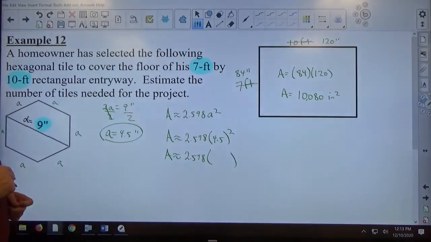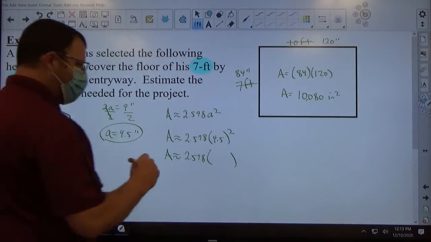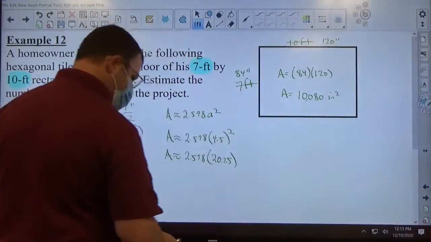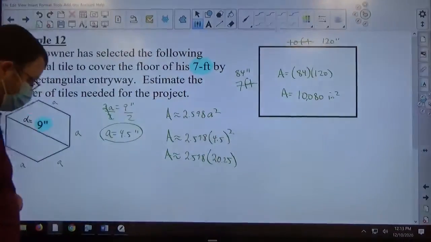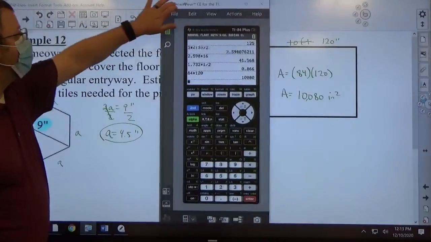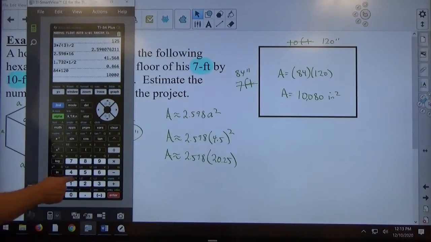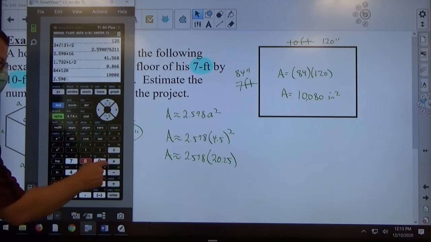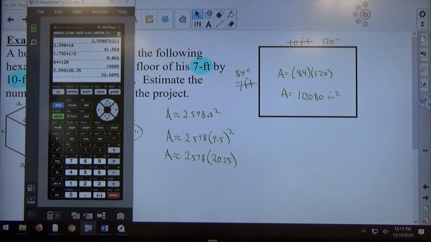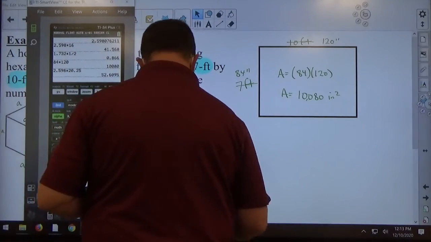Again, square first, 4.5 times 4.5 is 20.25. Use the calculator as necessary. If you know stuff, you can write it down. So 2.598 times 20.25 comes out to 52.6095.